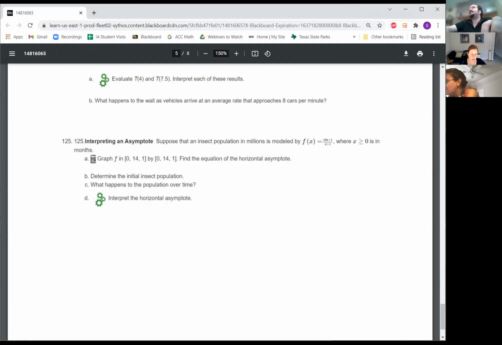It wants you to graph it in the calculator, from 0 to 14. Basically just graph this part, 0 to 14, like this window. Yeah, it just wants this part in the calculator.